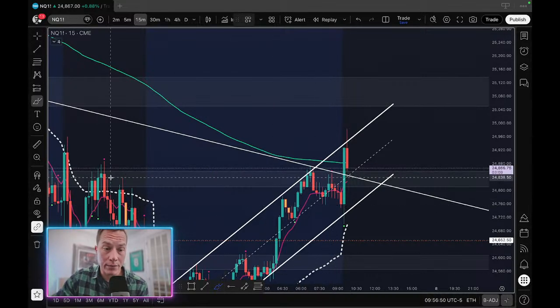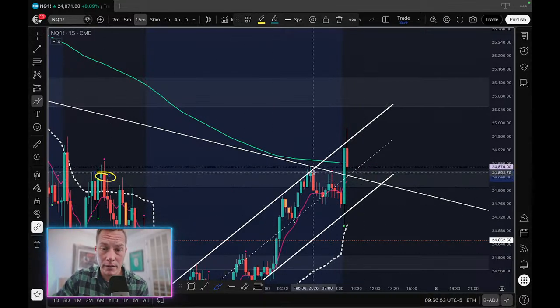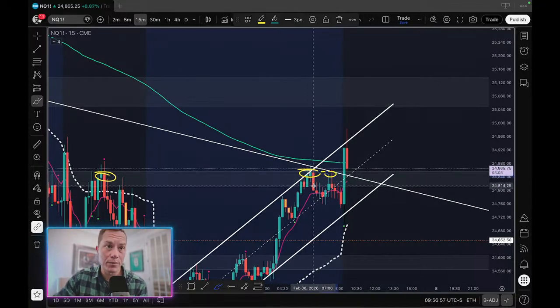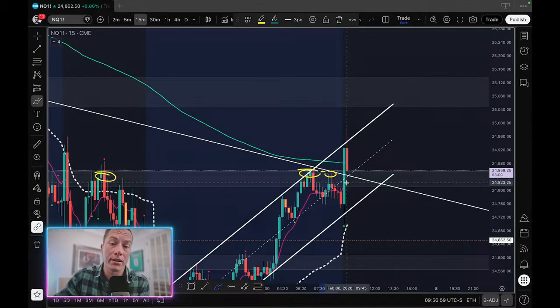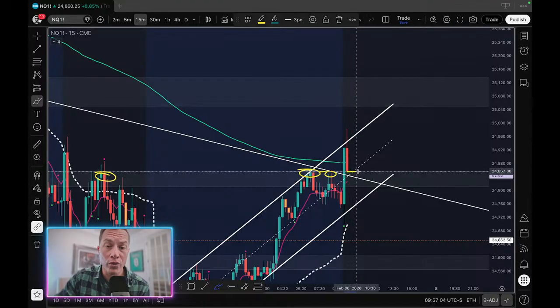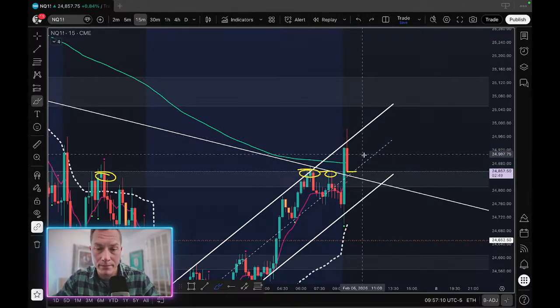You see all this here, you see this here, right? This was all resistance previously. Now it's actually support. So if we can hold this, it's a high probability that we create a 3-bar play. So we'll get a green candle, then pushes back up off of that.